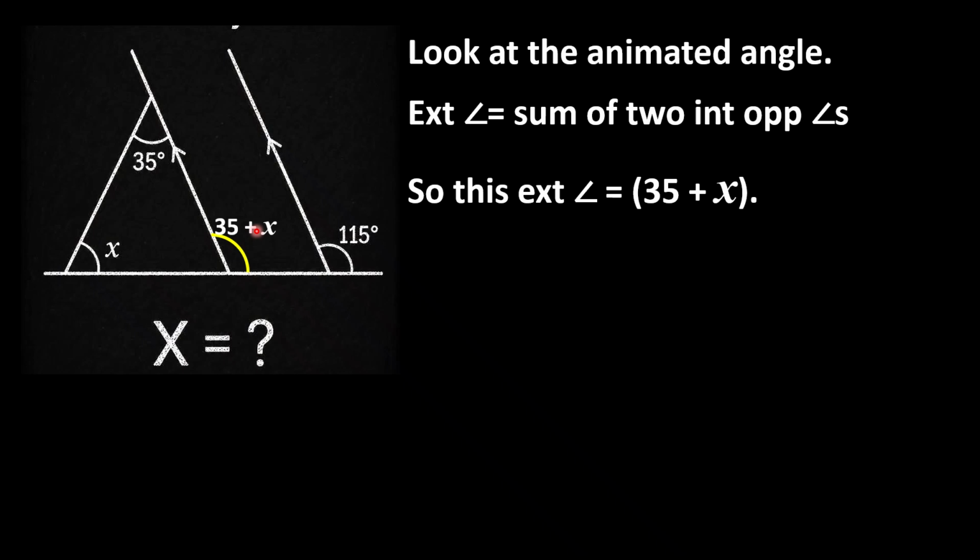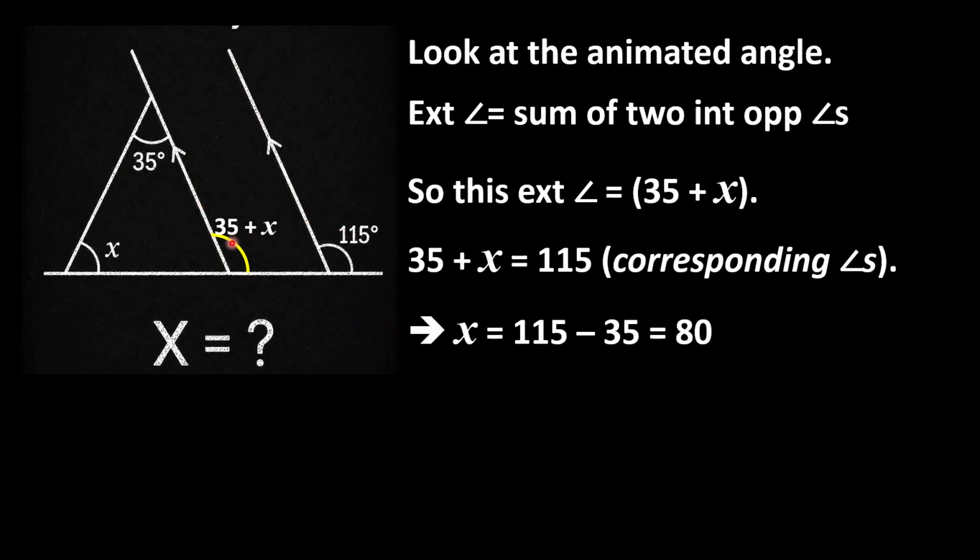Now having marked the exterior angle 35 plus x, this 35 plus x and this 115 should be equal because these two lines are parallel and these are corresponding angles. When two lines are parallel, the corresponding angles are equal.